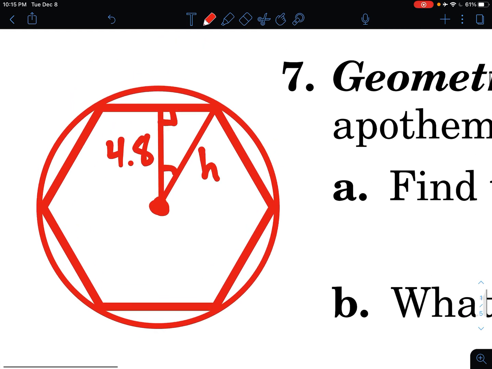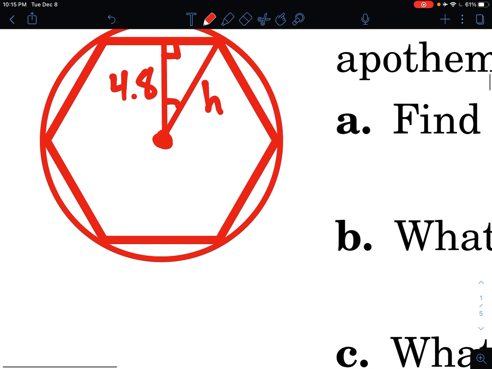Alright, so the reason we know this angle here is because it's a regular hexagon. Each hexagon is cut into 6 equilateral triangles. Equilateral triangles have angles that are 60, 60, 60. That adds up to 180.